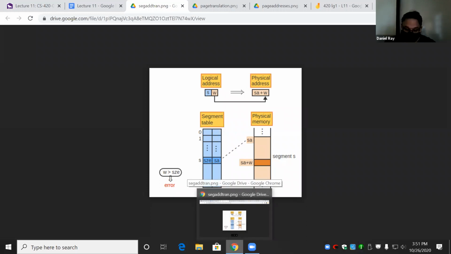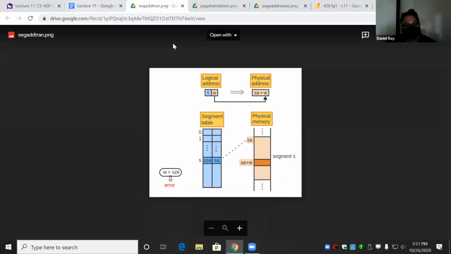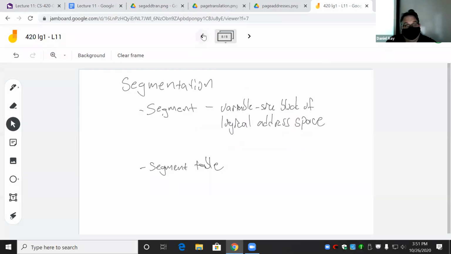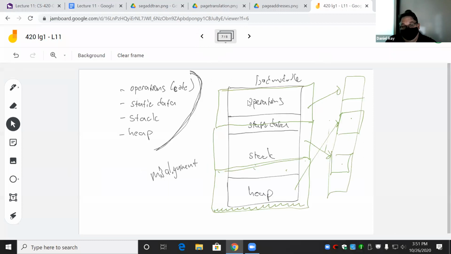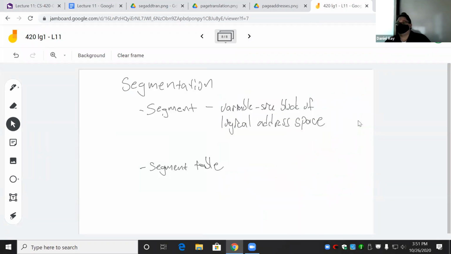What's bad about this? What's good about this is we get to not have misalignment. But what's bad about this approach? Not as organized.